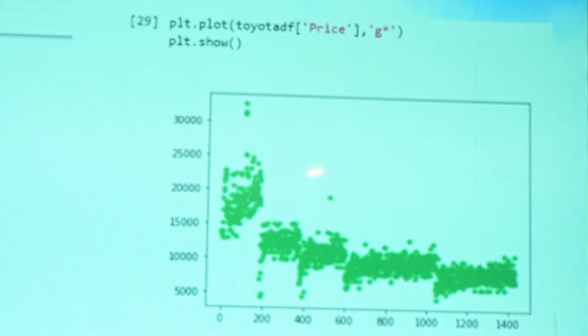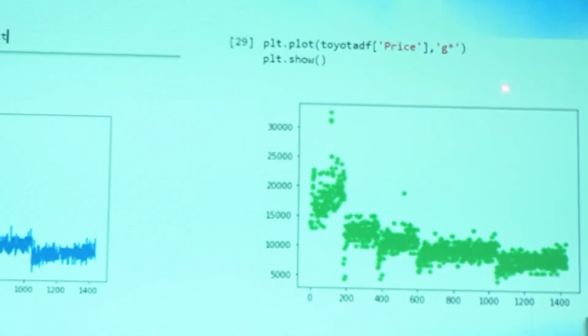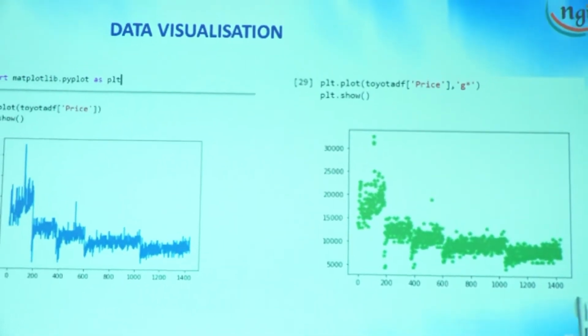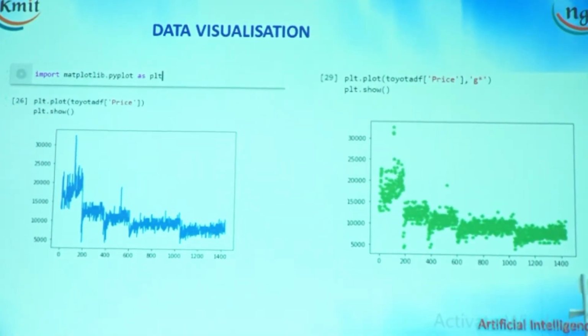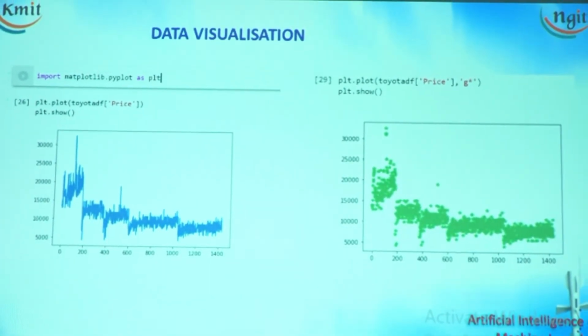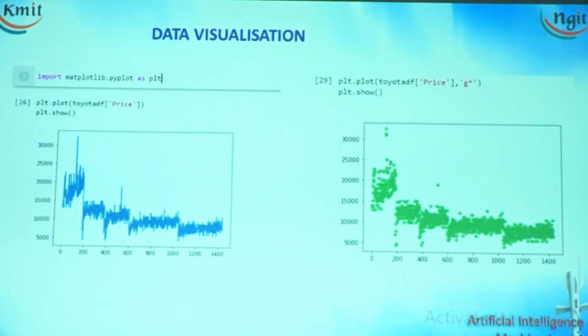Look at the different visualization that it is giving with the help of the plot. Here it is a continuous plot. There it is a discrete plot. And I am using a symbol for every point, a green asterisk there, g star. Can you do that? Are you doing this with me, guys? Please do that. Visualize the data set. Here I have taken the price column. You can take any column of your choice and visualize.